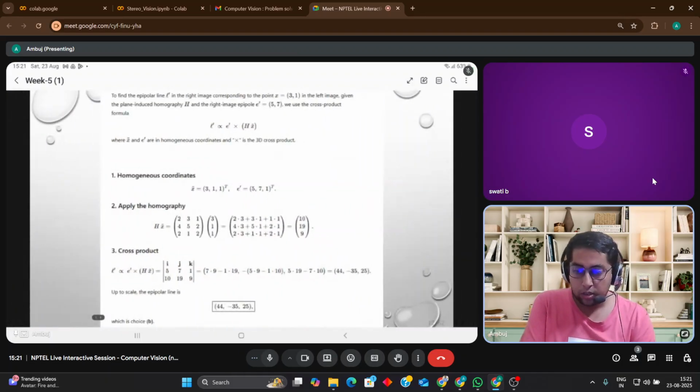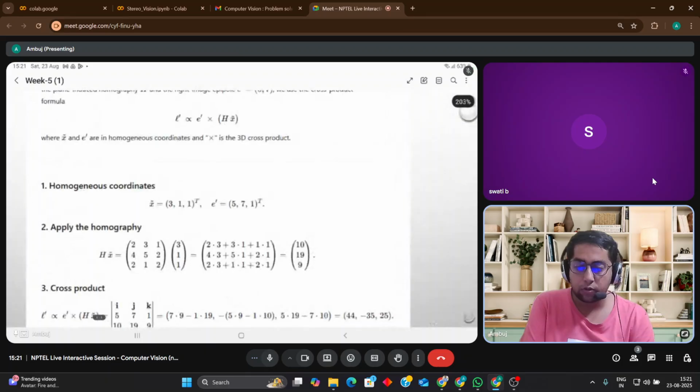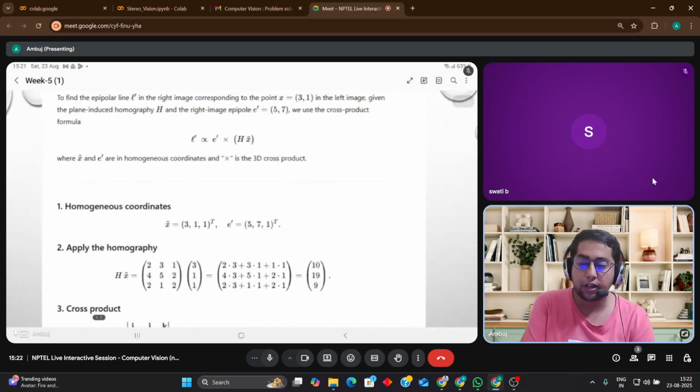I have already told you this: to find the epipolar line L dash in the right image corresponding to the point x equal to 3 comma 1 in the left image, you use the plane-induced homography H and the right image epipole, 5 comma 7.